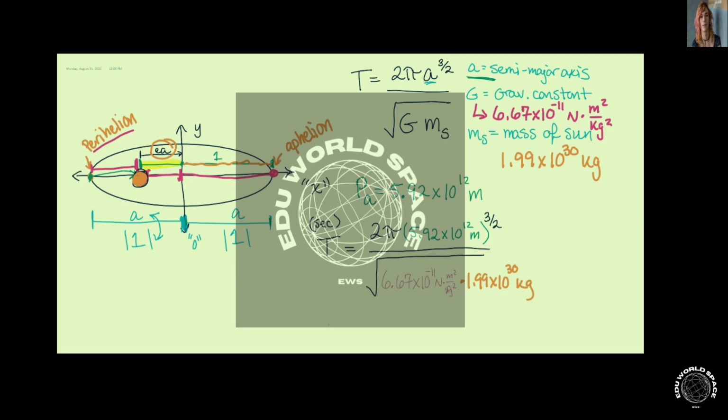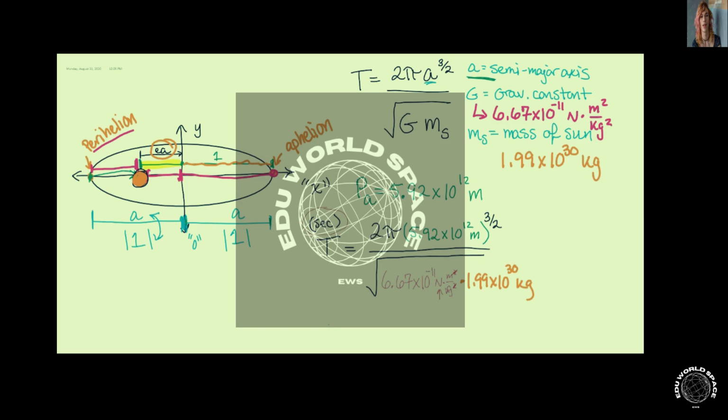Notice how this is under a square root. Because it's under a square root, these units are all actually going to cancel out, and it will leave you with seconds once you dissect that newton unit, right? When you plug this in, I like to do it in parts.